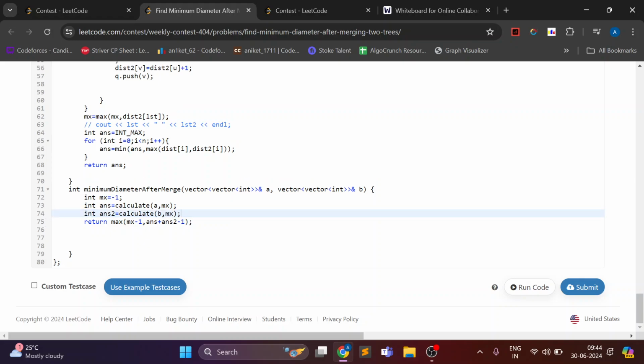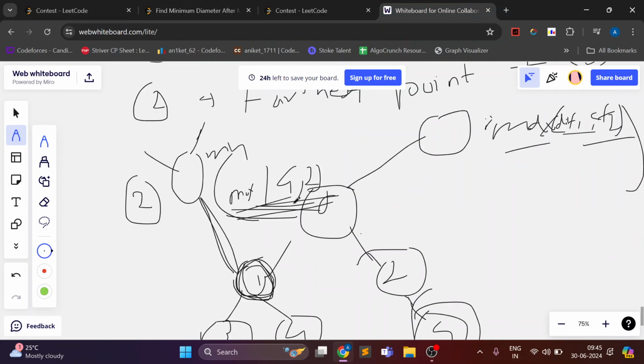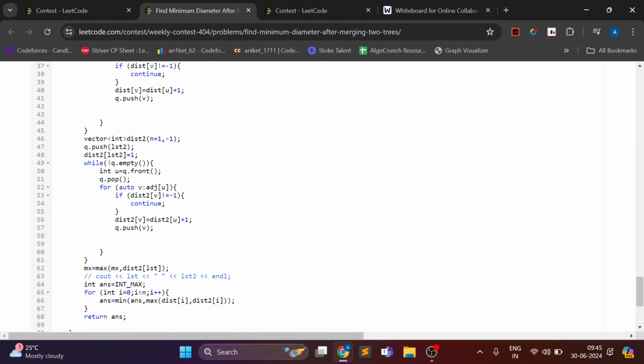Now, there is one edge list and a second edge list. First I will calculate the answer for the first graph, the first tree. What is the answer? This value for each node: the minimum of the max of its distance from the two farthest points, meaning the points which are forming the diameter.